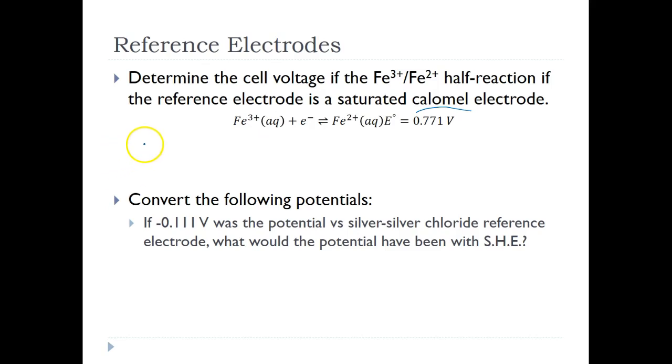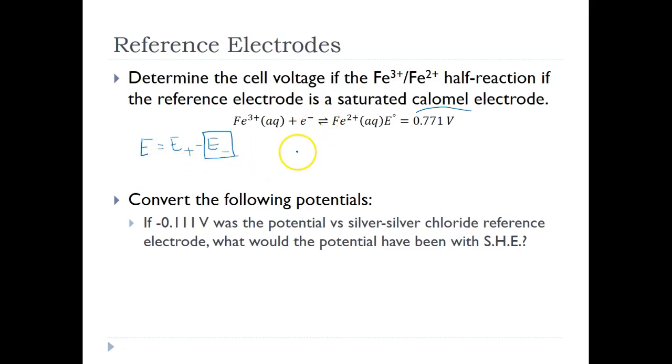So let's figure out what we would get. The equation that we're using is still just the cell potential is E plus minus E minus. The reference electrode is going to be E minus. So E minus is going to be the potential for the calomel electrode. E plus is going to be the potential for the half reaction that we're looking at. And then E is what we would get from our potentiometer, our voltmeter.